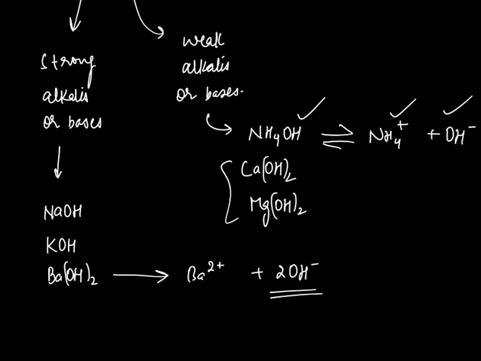The dynamic equilibrium part we can discuss in the equilibrium chapter, but not over here. But you can say as soon as they are converted into these ions, they can convert back into the respective alkali also.